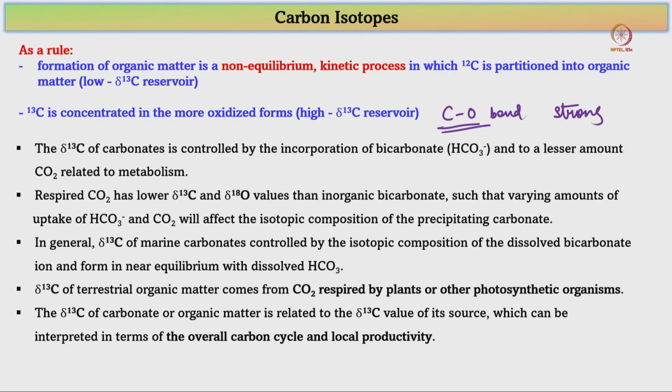So, when I am respiring also, the carbon that I am releasing is 12C enriched and 13C depleted. Therefore, the lower values, and similarly for 18O also, I am more 16O enriched as compared to 18O. So, there will be a lower value of delta 13C and delta 18O if there is some metabolic interaction, if there is some respiration going on.